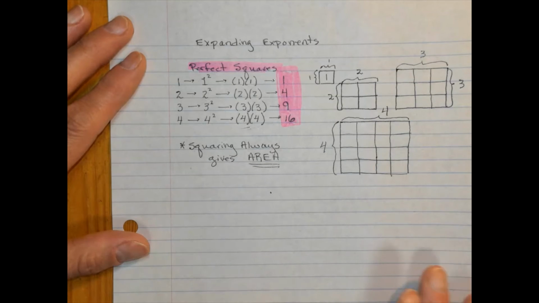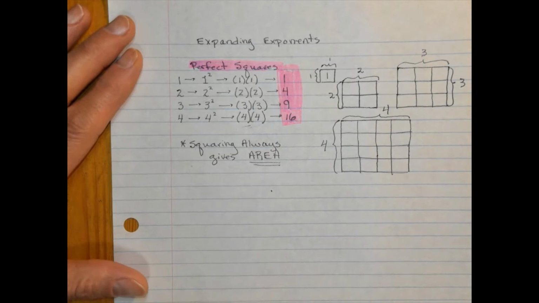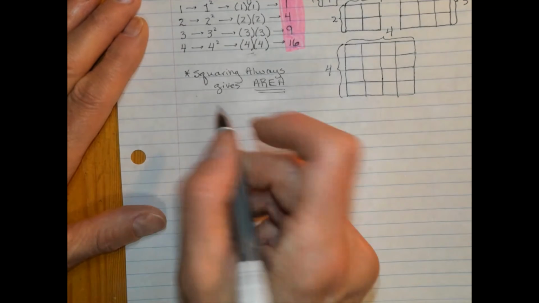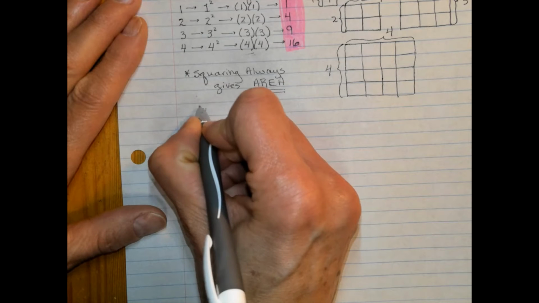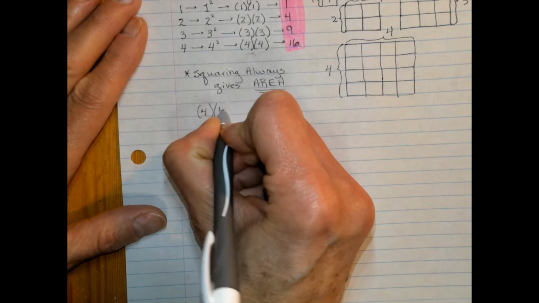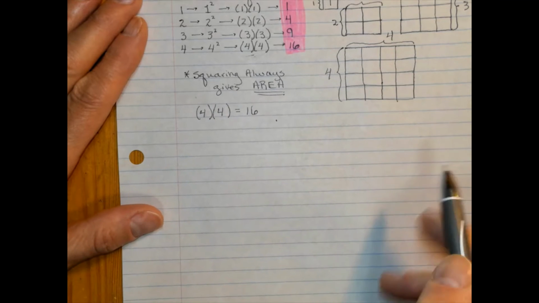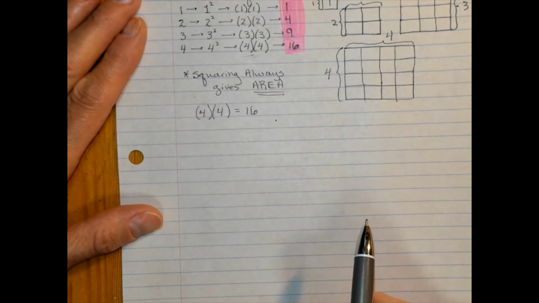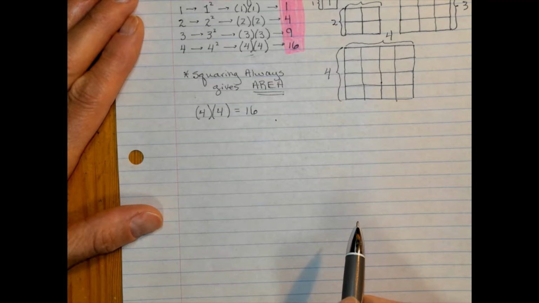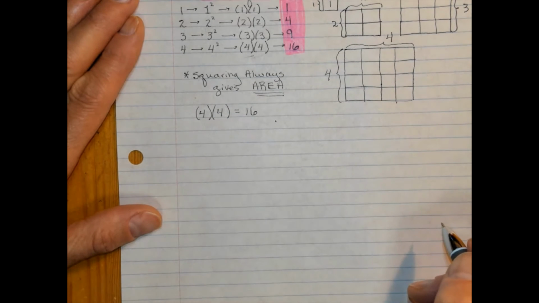But before I get ahead of myself, I want to show you something. So, we know that 4 times 4 is equal to 16. I just proved it to you, right? But we can write 4 in many different ways, right?